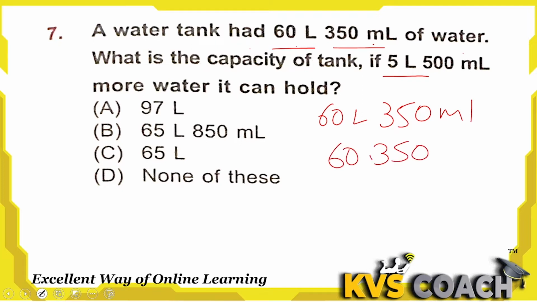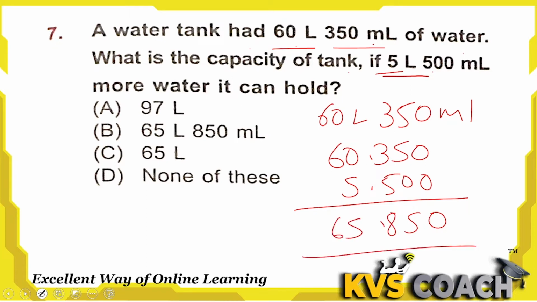Now the tank can hold 5 liter, this is the liter part, 0.500 liter more. So the capacity of the tank is increased. So let's check. That will be 65 liter 850 milliliter. This part is liter and this part is ml. So 65 liter 850 ml. B is the right answer here.